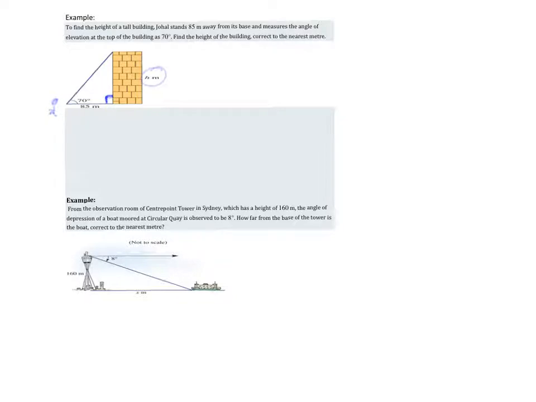And so we have got the adjacent, we are looking for the opposite, and we have the angle. So theta is equal to 70 degrees. Opposite is what I am looking for, and the adjacent is equal to the 85 metres.